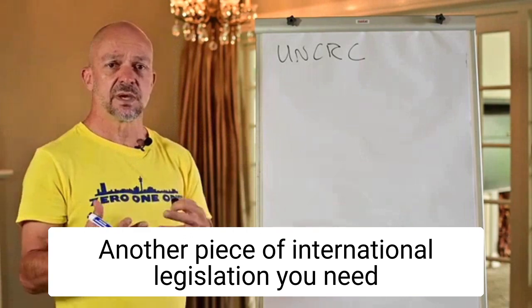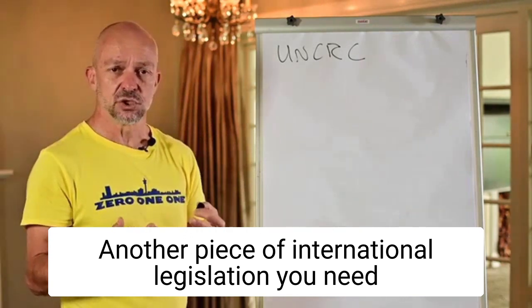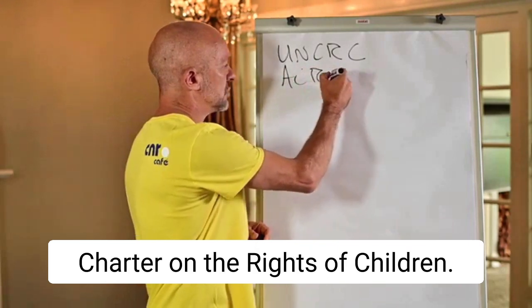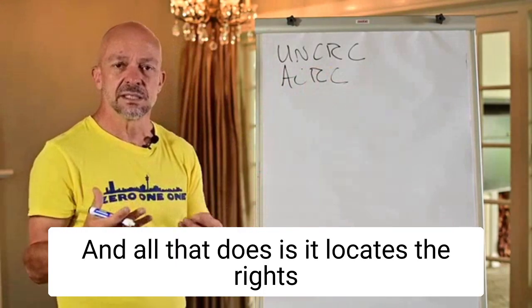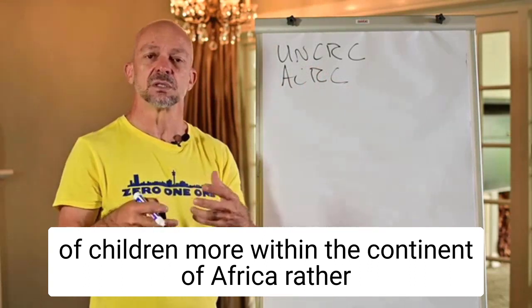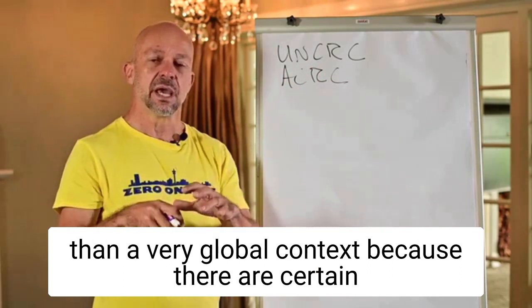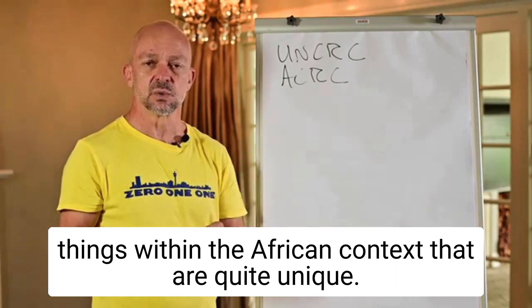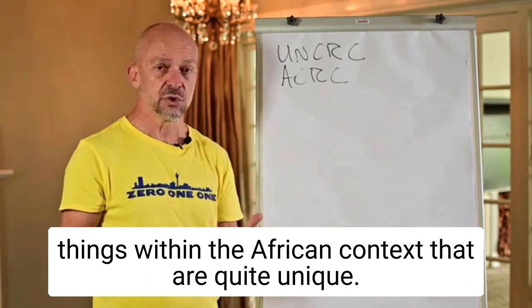Another piece of international legislation you need to be aware of is the African Charter on the Rights of Children. And all that does is it locates the rights of children more within the continent of Africa rather than a very global context, because there are certain things within the African context that are quite unique.